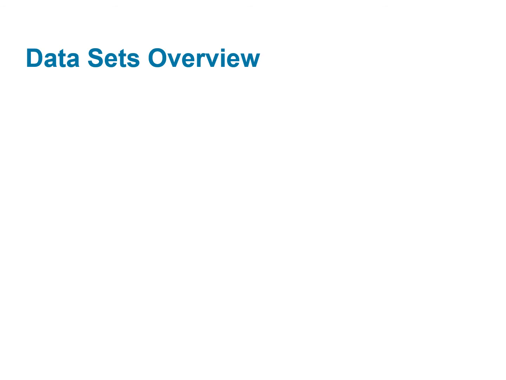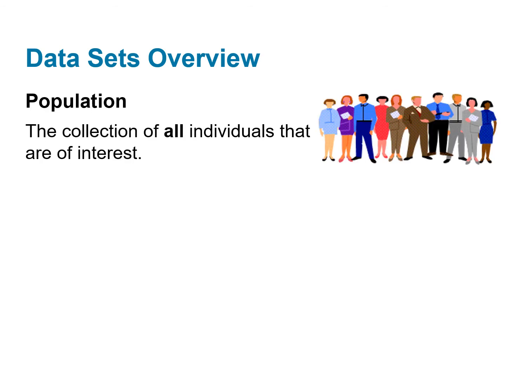When we're talking about the individuals, we break our individuals into two different groups, really. We start off looking at the population. This is the group that we really care about. This is who we ultimately want to say something about.